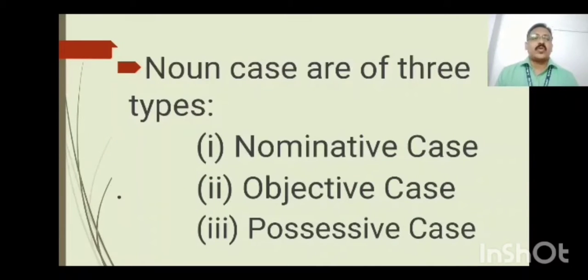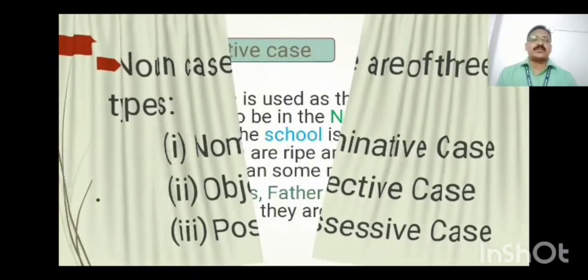First is nominative case, second is objective case, third one is possessive case. These are the 3 cases of a noun. Now we will know about these 3 cases in detail. You please watch it carefully. First we will talk about nominative case.